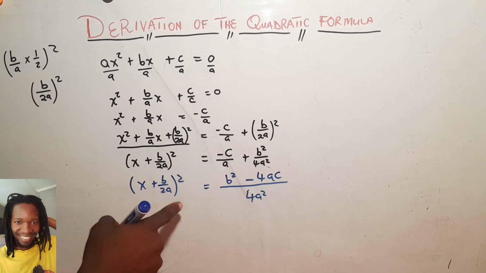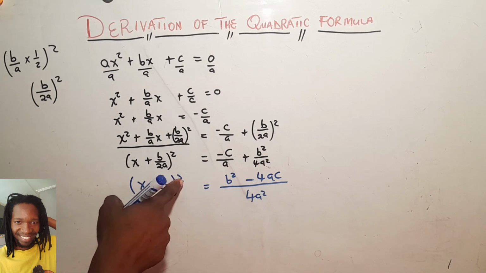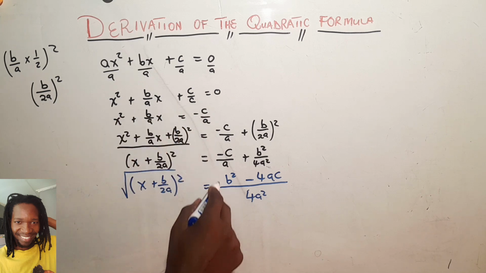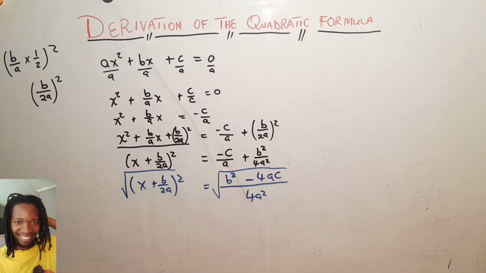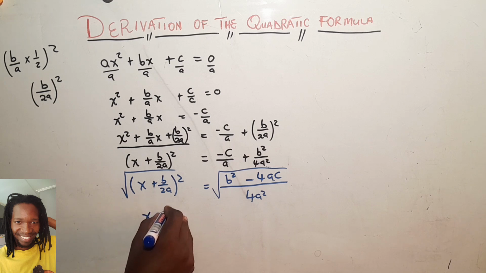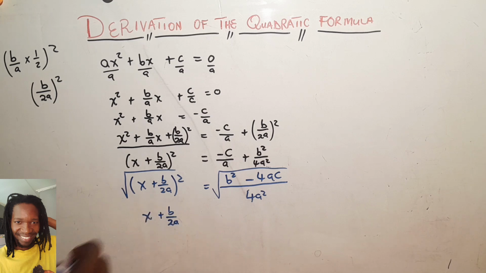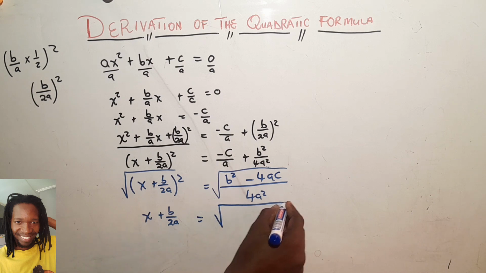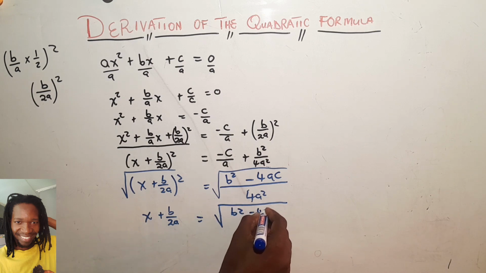The next thing, we can get rid of this square by a square root. So we can do a square root both sides. So now we can have our x plus b over 2a. Now this will be equivalent to the square root of b squared minus 4ac all over 4a squared.